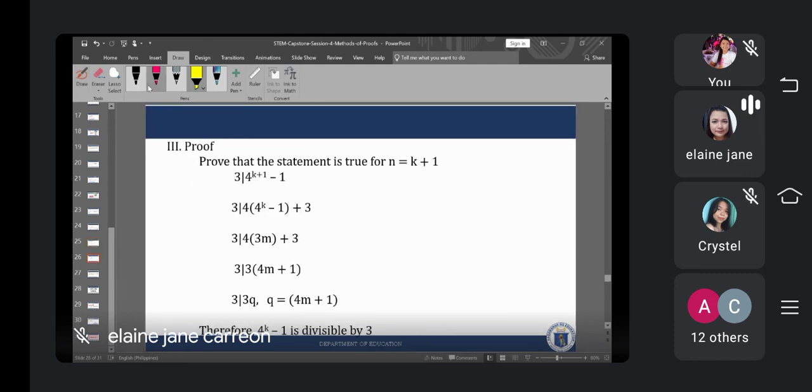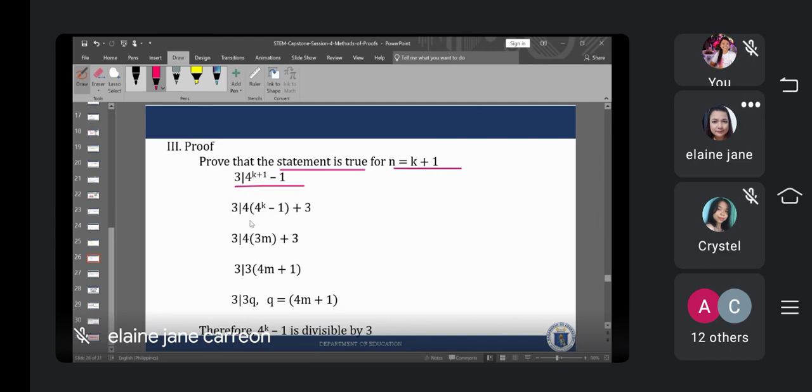Now, in proving, we have to prove that the statement is true for n is equal to k plus 1. So, pinalitan natin ng k plus 1 si n. So, we have 3 divides 4 raised to k plus 1 minus 1. Next, anong ginawa natin dito?